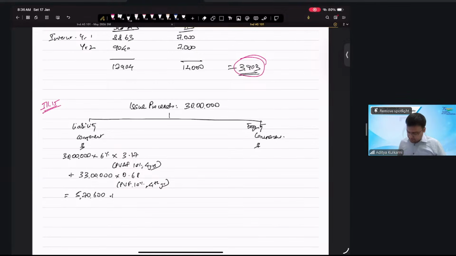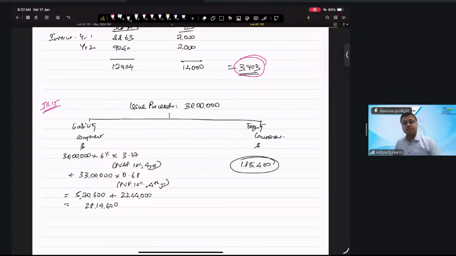Five lakh 70,600 plus 33 lakhs into 0.68, 22 lakh 44,000. So 28,14,600 is the liability. 1 lakh 85,400 is your equity component.